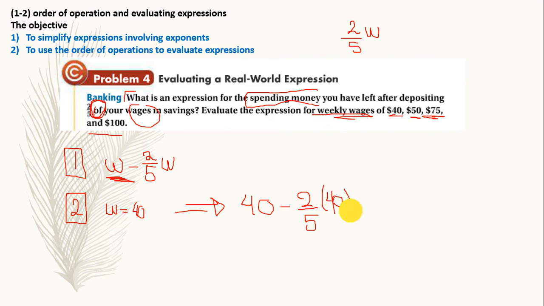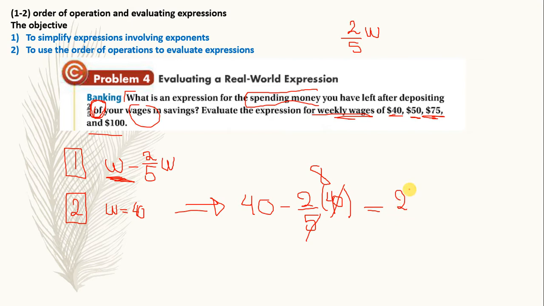If you are not using a calculator, you can simplify 5 and 40, which is 8. 8 times 2 is 16. 40 minus 16 is 24.